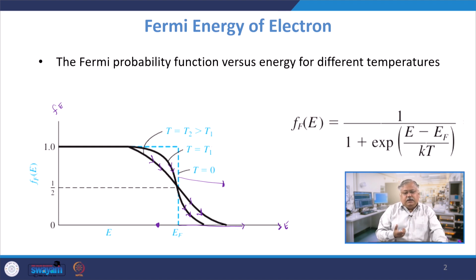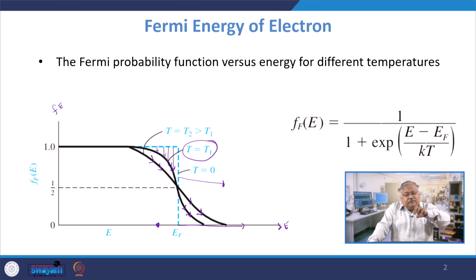What does it actually mean? It means that the place or the energy which it leaves becomes empty, and where the electron goes, it now becomes populated. So if you look at T equals T1, you see that the probability has fallen down from 1. Why? Because not all the states below EF are now filled.